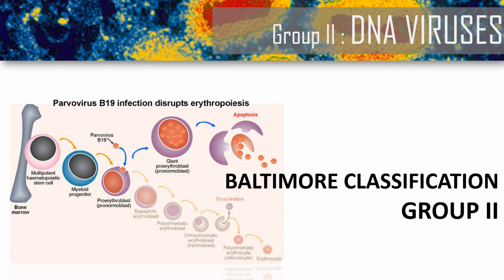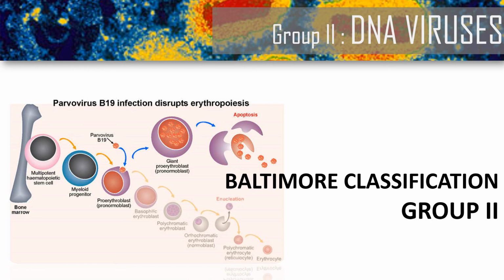Yan. So your parvovirus B19 is under Group 2 of Baltimore's classification. They infect your proerythroblast. Pag tinanong sa exam kung saang lineage or stage ng erythrocyte maturation series nag-e-infect si parvovirus, so you have your proerythroblast or pronormoblast.